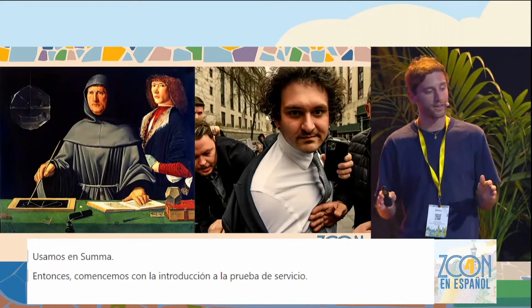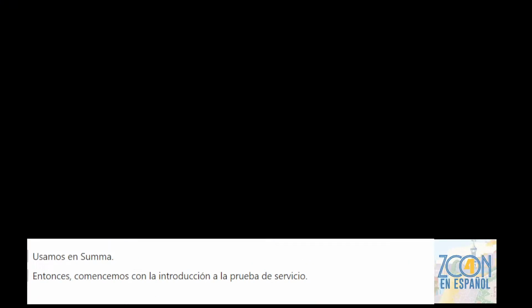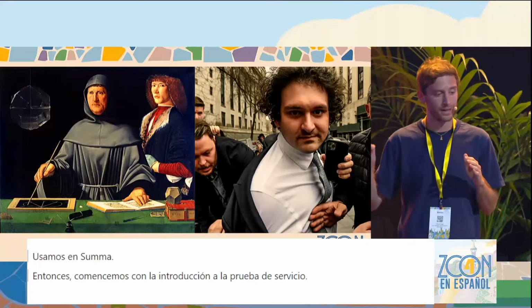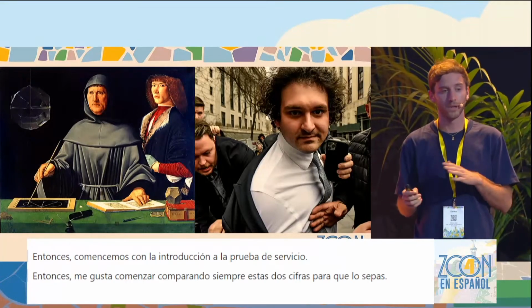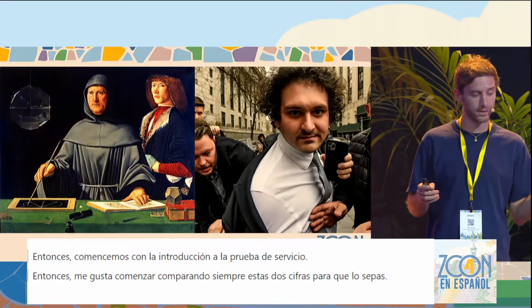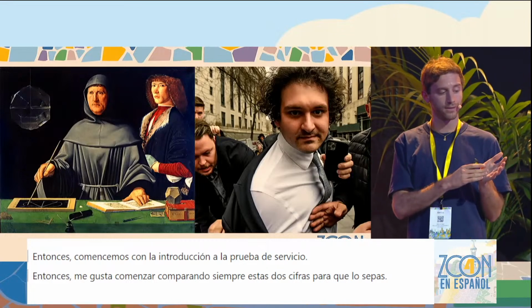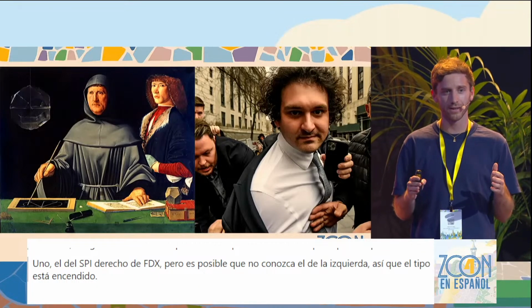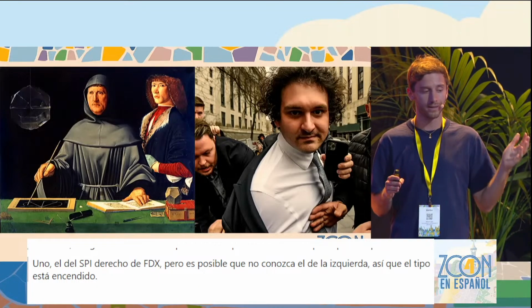So I like to always start by comparing these two figures. You might know the one on the right, SBF from FTX, but you might not know the one on the left. The guy on the left is called Luca Pacioli. He's a Franciscan friar who lived in the Renaissance in Italy.